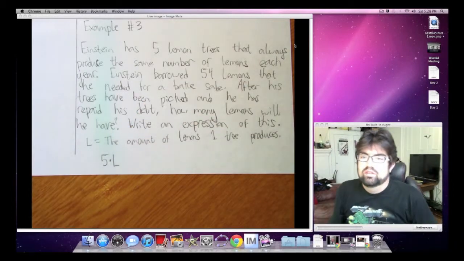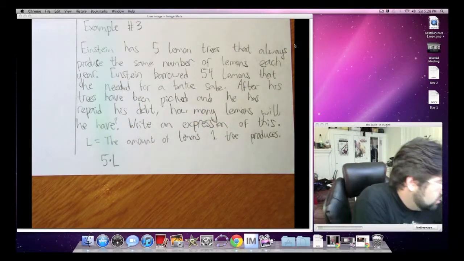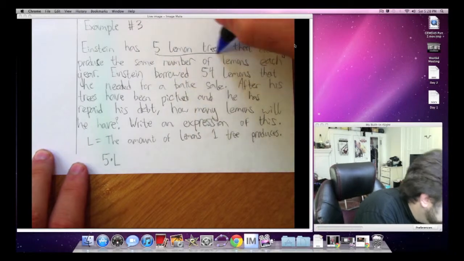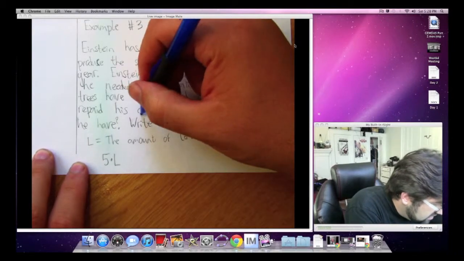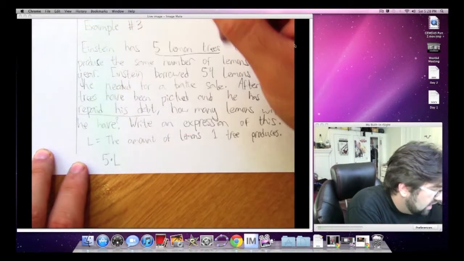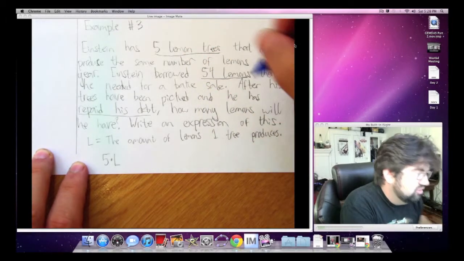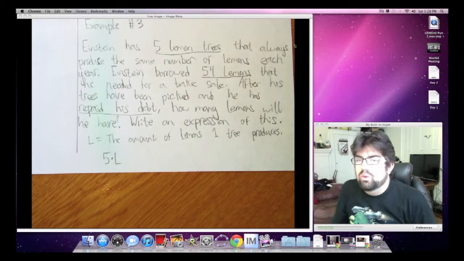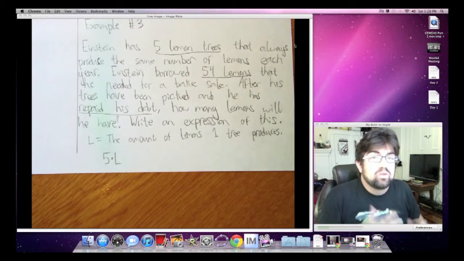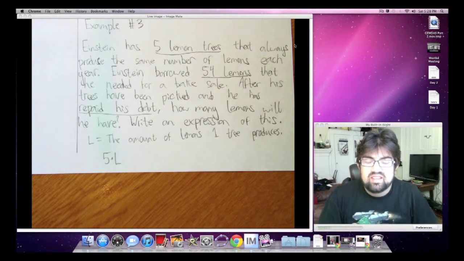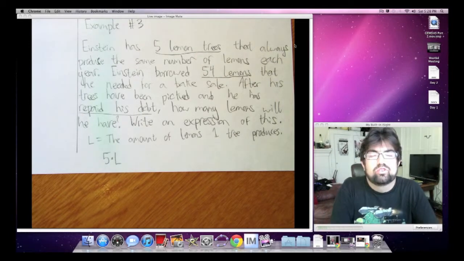Okay. Now, so that's from the 5 lemon trees. And it says he repaid his debt. He repaid his debt. So think about how many he borrowed. Borrowed 54 lemons. So if he borrowed 54 lemons and he repaid that, did he get more back or did he lose some?